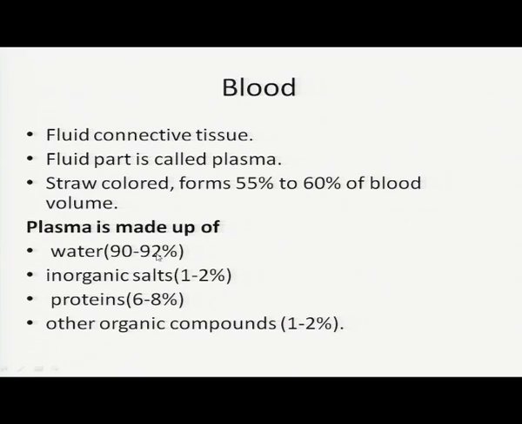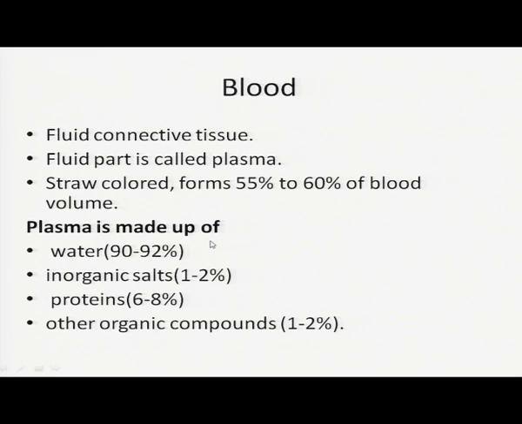Now coming to blood, the fluid connective tissue. The fluid part of blood is called plasma, and the color is straw colored, and it forms about 55 to 60% of the total blood volume.